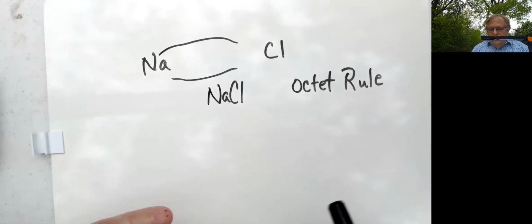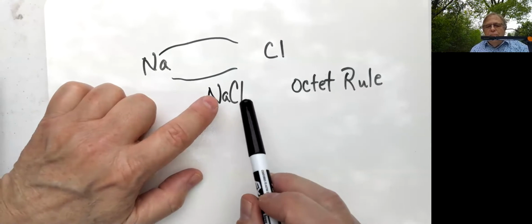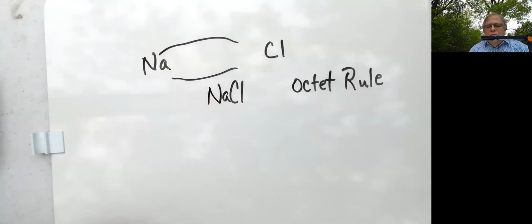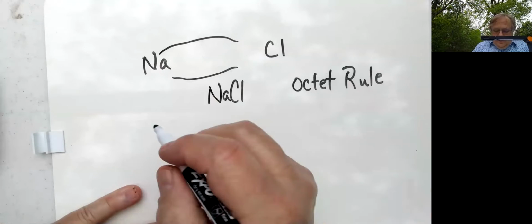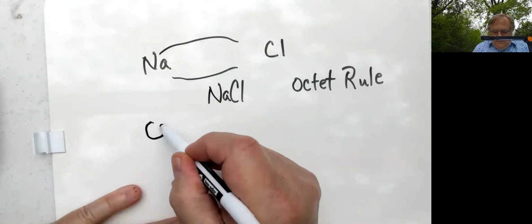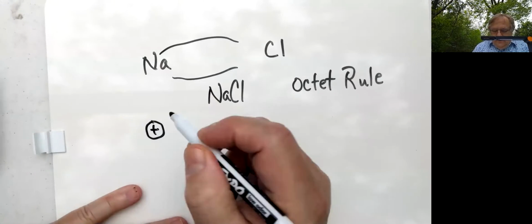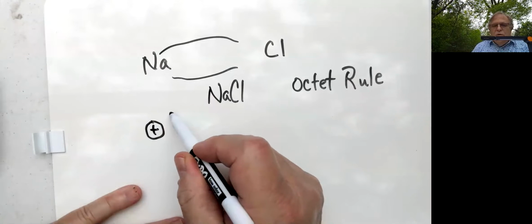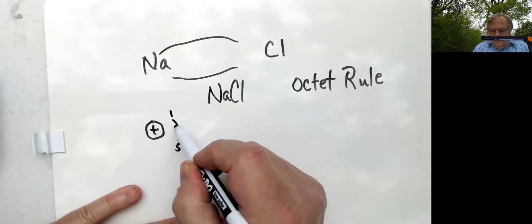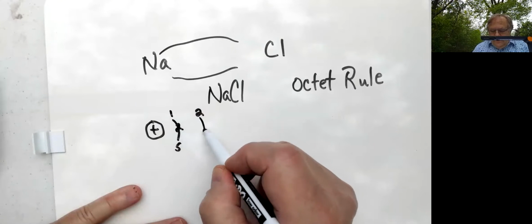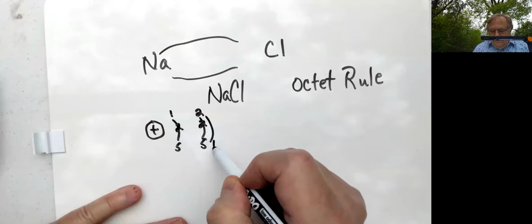So what happens with these two to get them to the point where they have 8 electrons in their outer shells? Well, I'm going to draw this little sodium atom over here, and I'll just use the Bohr model. We have 1s2, 2s2, 2p6.